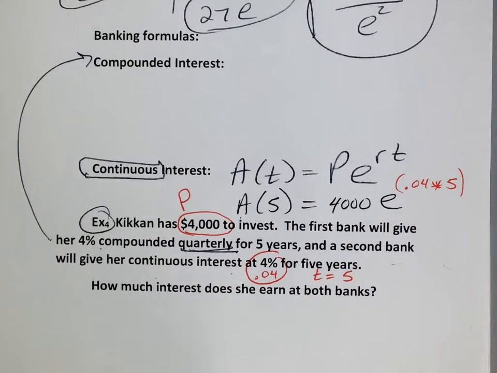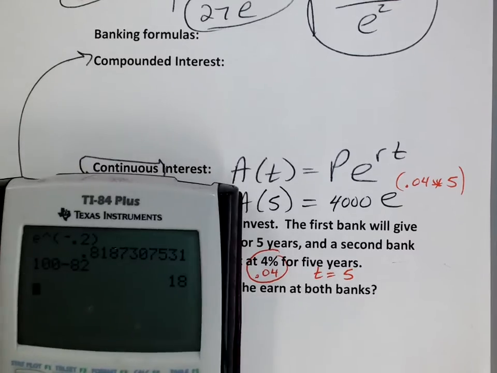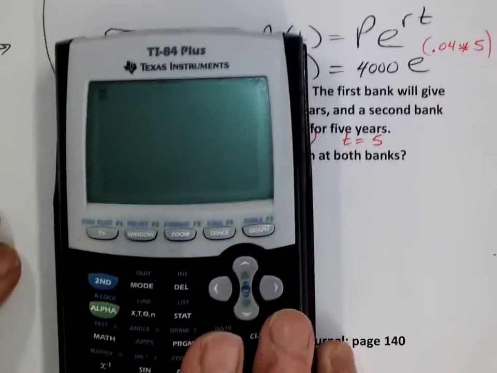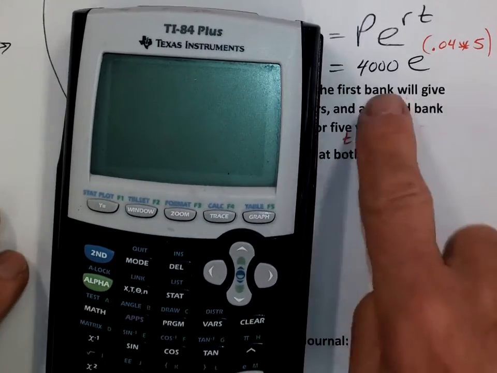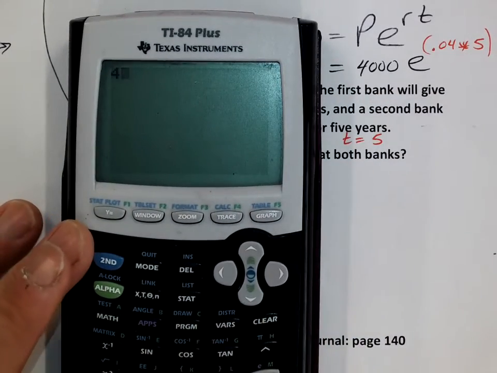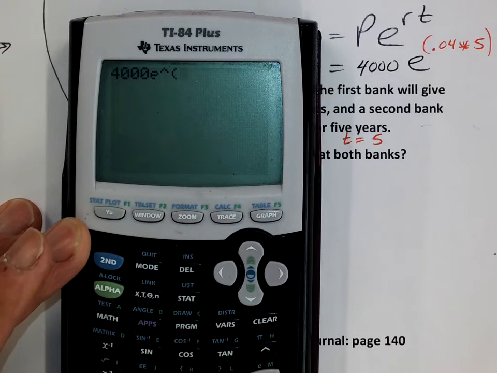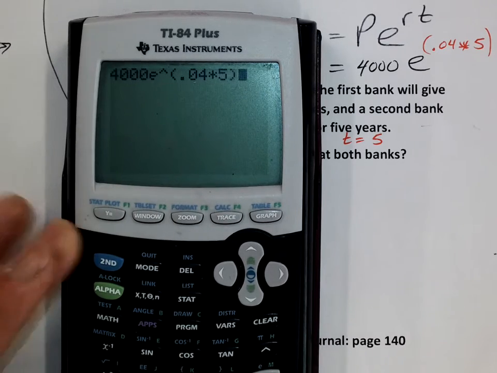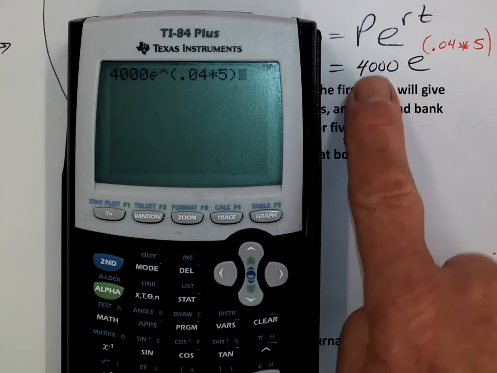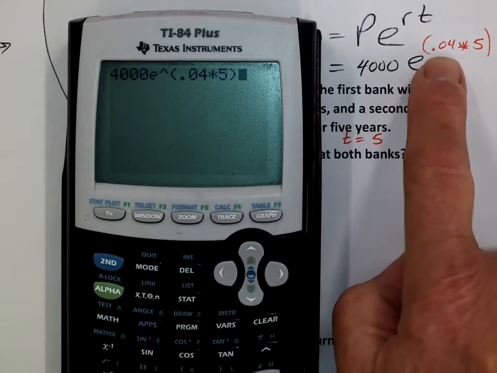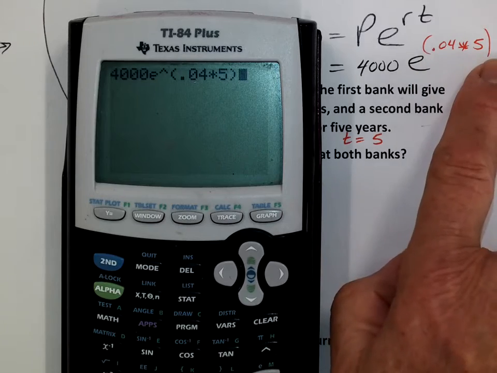I'll show you on my calculator. If you don't have a fancy calculator, it's really going to be hard to do this on your phone. Really hard. But hopefully you'll find something. So let me plug that into my calculator: 4,000, then my e button, to the power of 0.04 times 5, because this is an exponential.